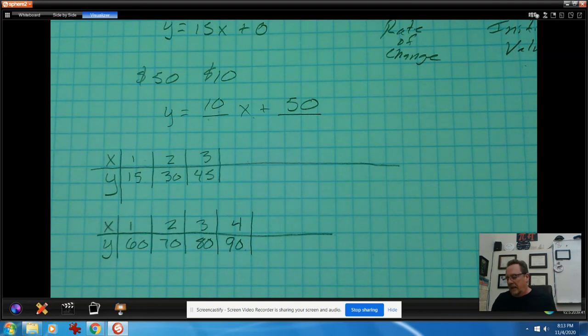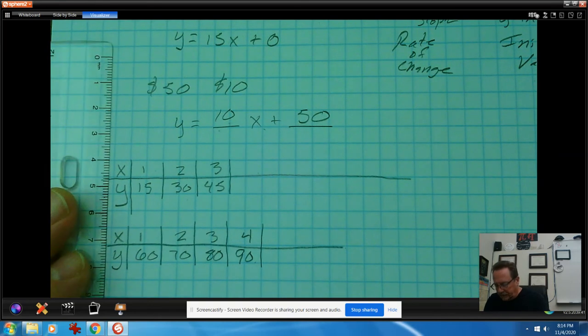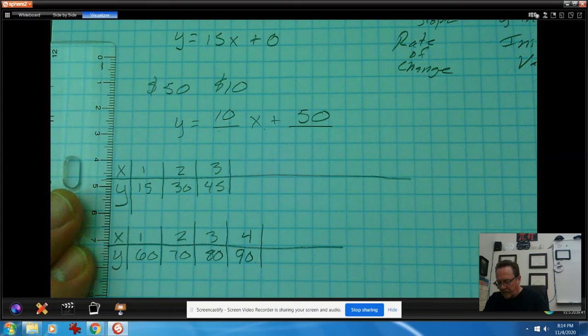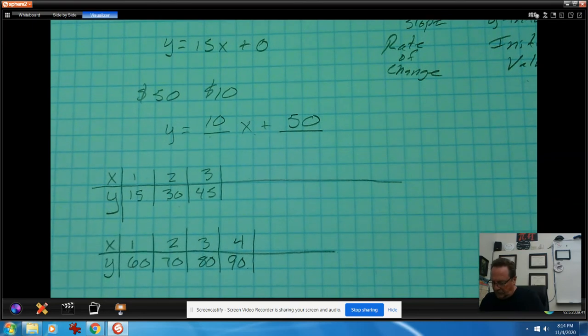Or what we could do, and I kind of like this idea, is we could graph. We learned how to graph before. Yes, we did. So I'm going to make a graph.